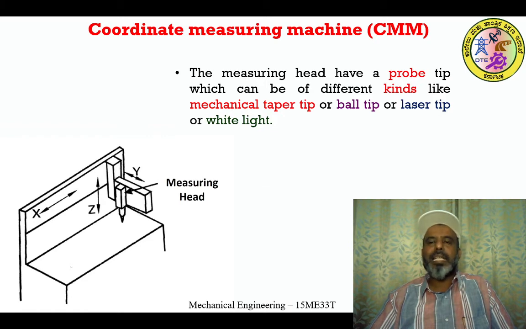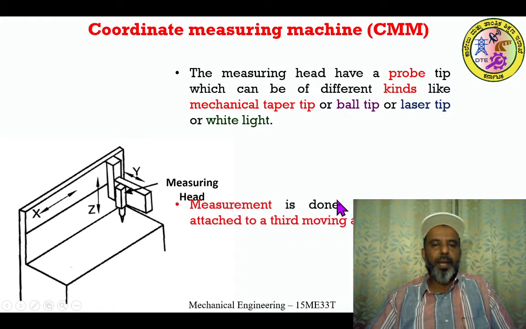Monochromatic means single wavelength. A CMM machine will have a measuring head. This measuring head consists of a probe, and this probe is made up of either a mechanical taper tip, a mechanical ball tip, a laser tip, or a white light.